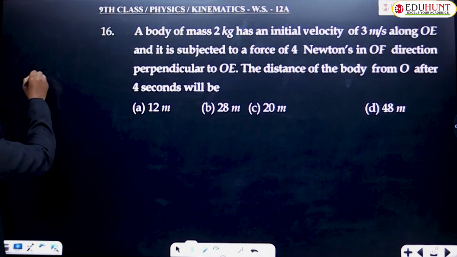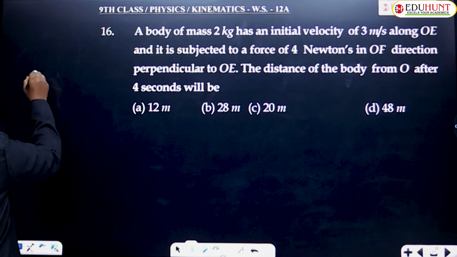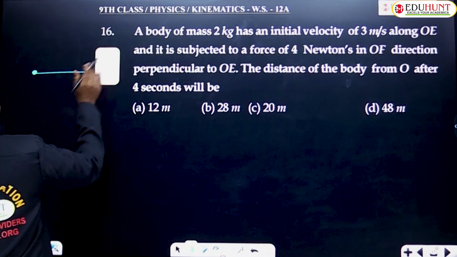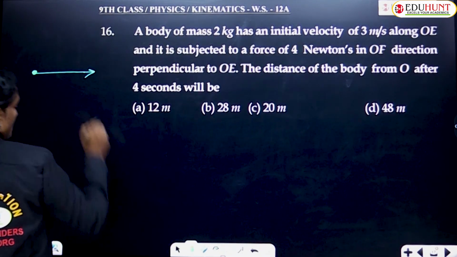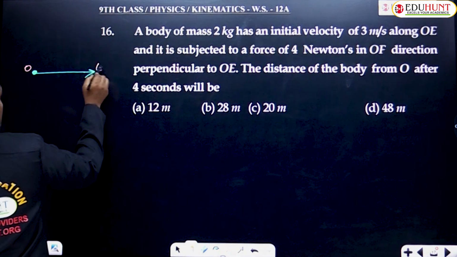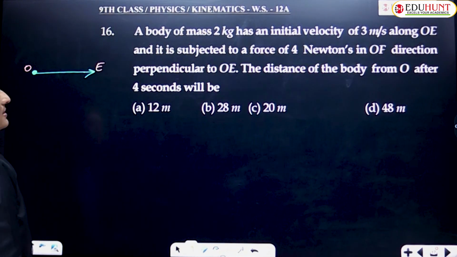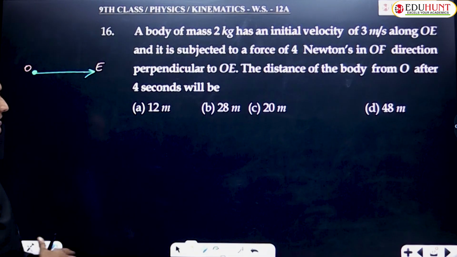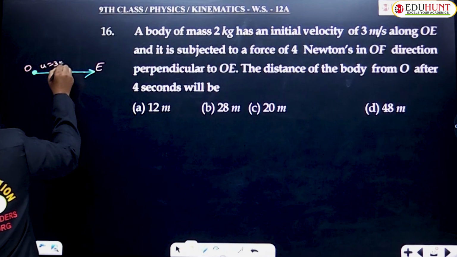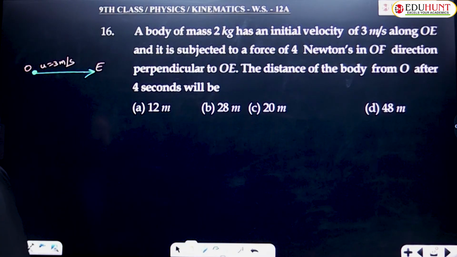So let us keep this O here in the direction of OE. So this is given as O and this is E. Mass is given as 2 kg. Let us keep it aside. The velocity, speed is given to be how much speed, children? 3 meter per second. And it is subjected to a force.